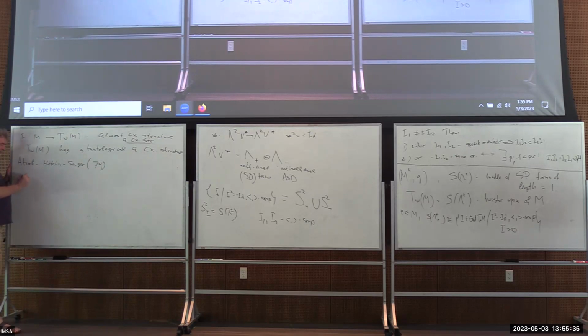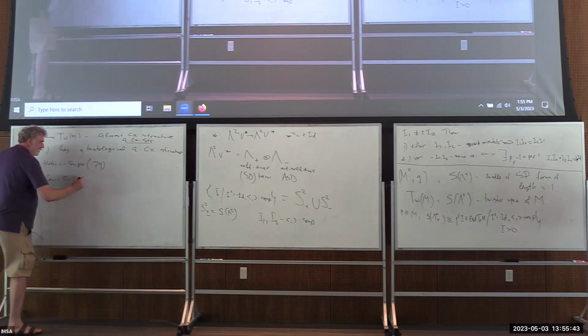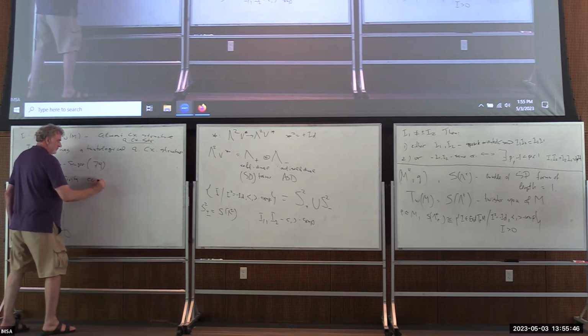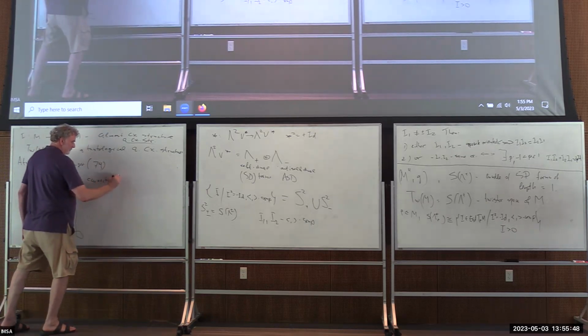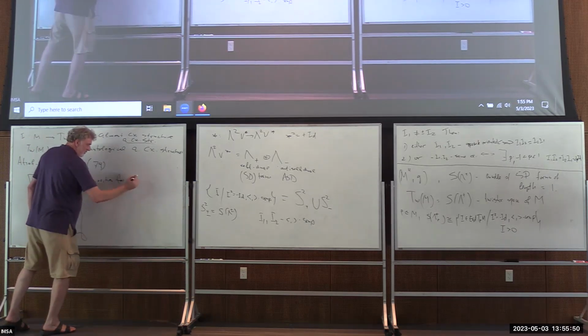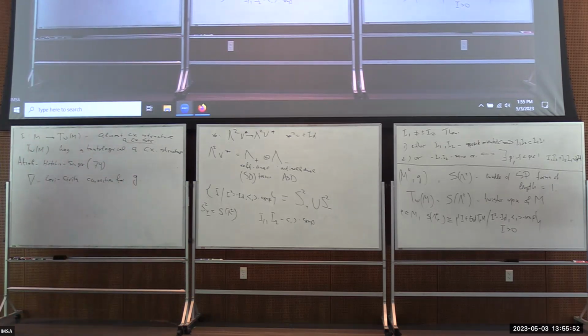So suppose that you take the Levi-Civita connection for the Riemannian metric in dimension 4.